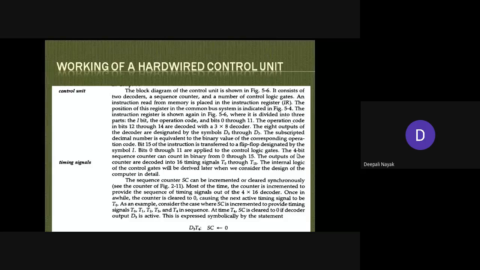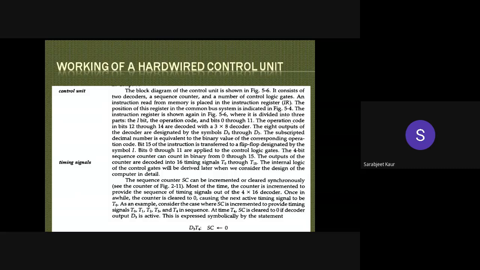The internal logic of the control gates will be derived later when we consider the design of the computer in detail. The sequence counter can be incremented or cleared synchronously. Most of the time, the counter is incremented to provide the sequence of timing signals out of the 4x16 decoder.